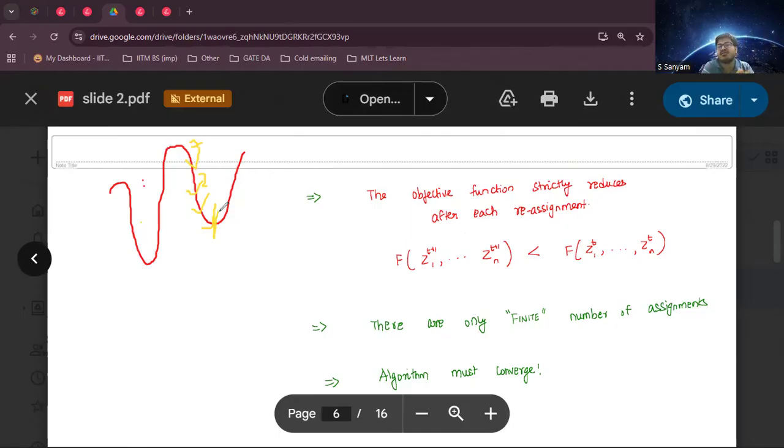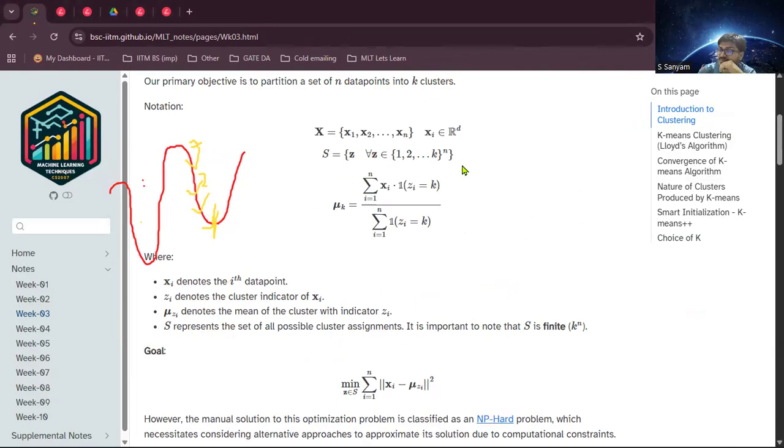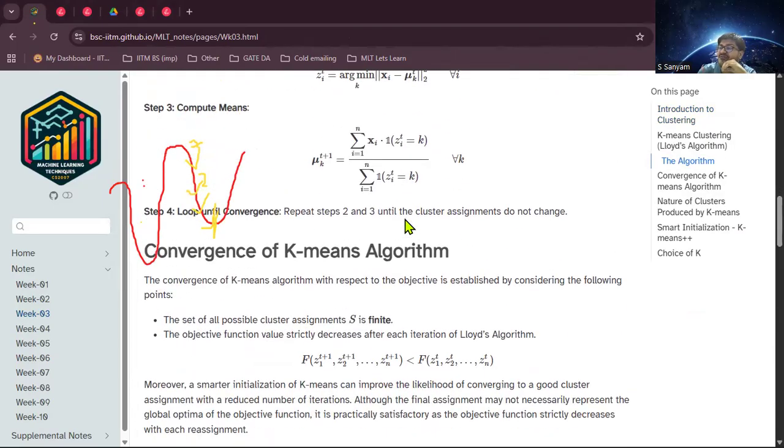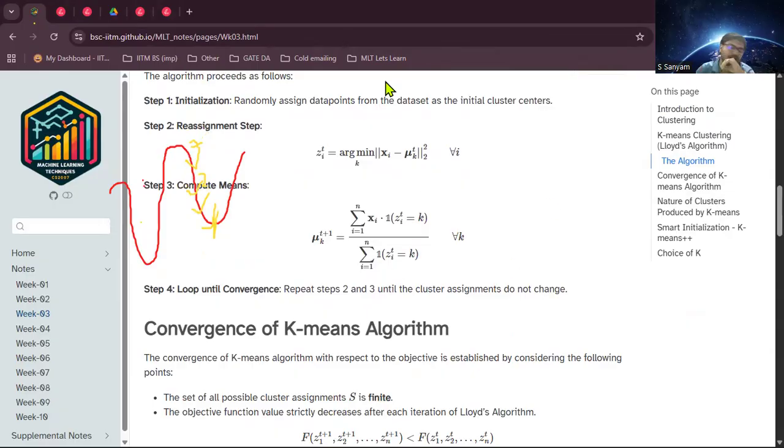But whenever we reach there, after that nothing will go, because every iterative step depends only on the basis that the next iterative step has the minimum objective function. Every step is associated with that only.